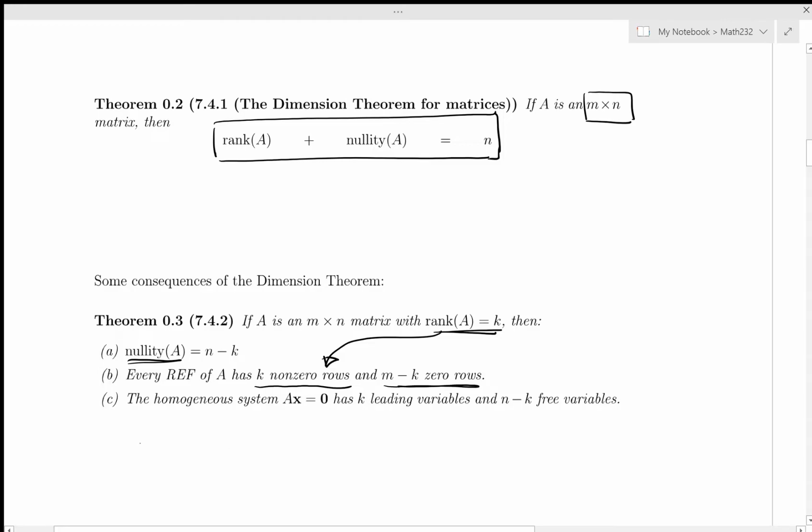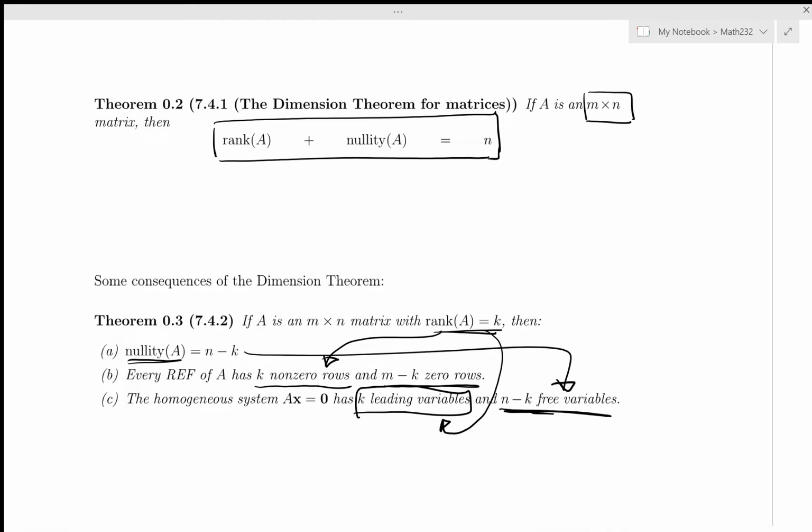The homogeneous system has k leading variables and n minus k free variables. So this is just a bunch of ways of saying the dimension theorem, really. So we can use these things to figure stuff out.